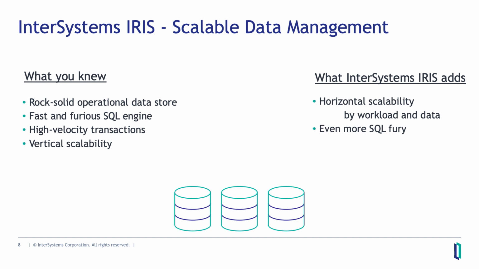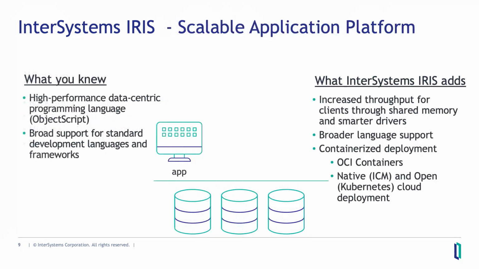So with InterSystems IRIS, instead of vertical scalability, you now get horizontal scalability. We have more performance improvements that we put in SQL. With InterSystems IRIS, you get higher throughput for shared memory, smarter drivers, broader language support, and very heavy implementations of containers inside the product. So there's a lot of container stuff coming out.